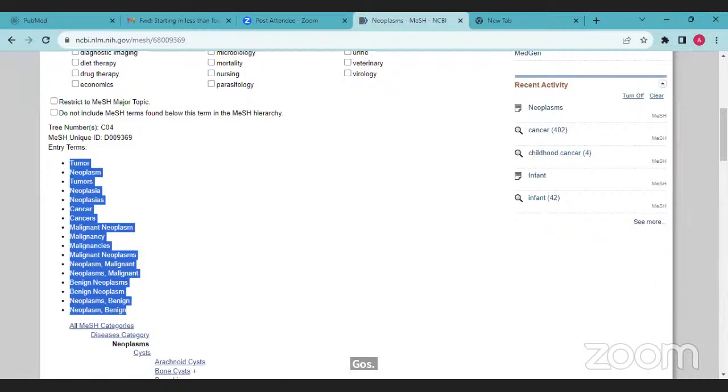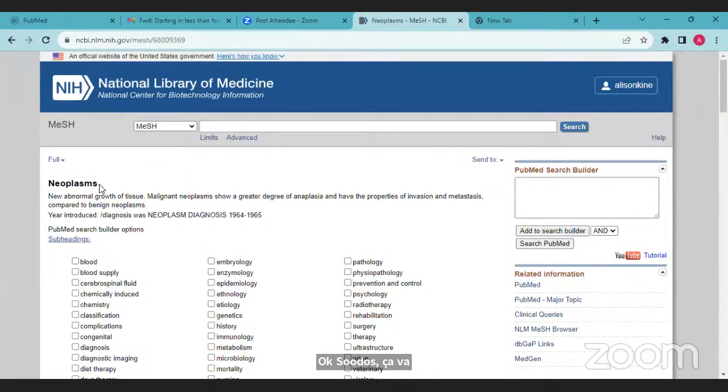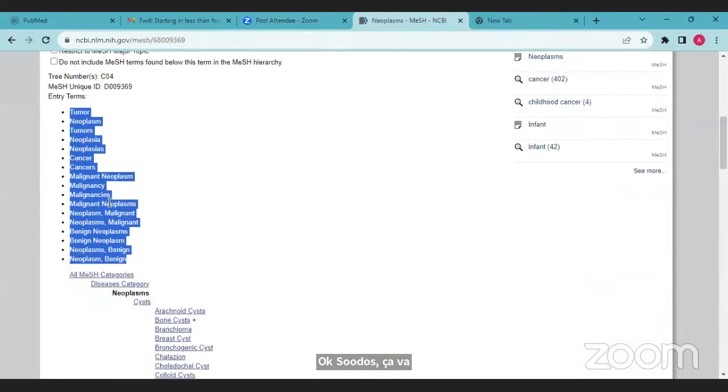Because they are related, they are all cancer descriptions, isn't it? Okay, so those are the entry terms for the word cancer. We have said the word cancer, the medical subject heading for cancer is neoplasms. And down here, there are so many entry terms that you can use when you're searching for cancer.